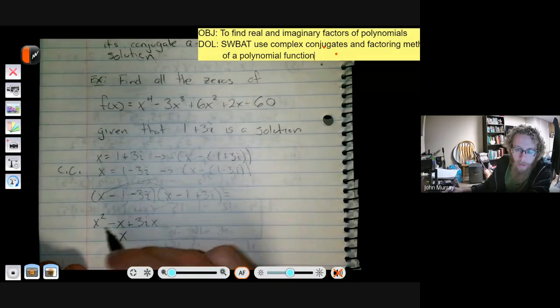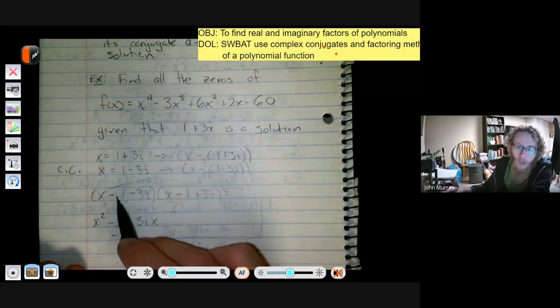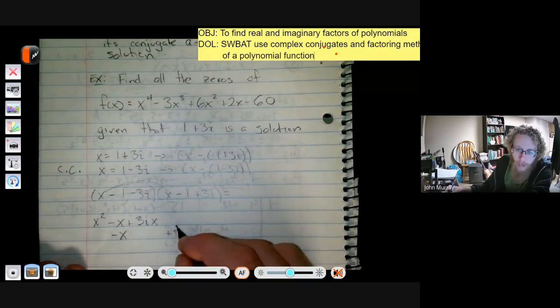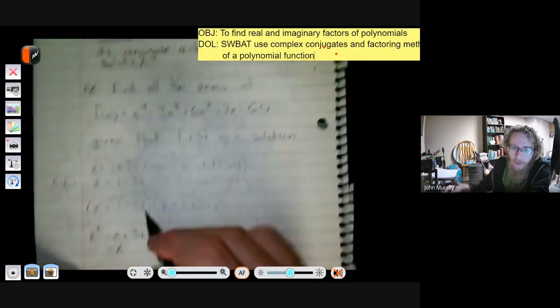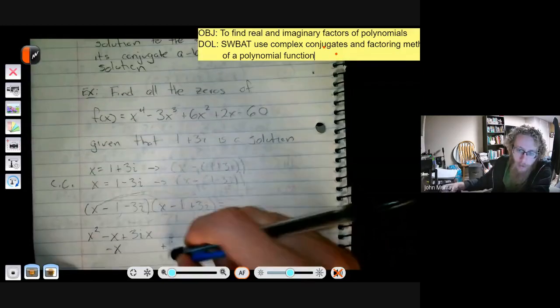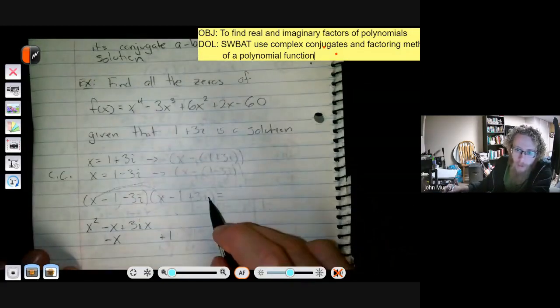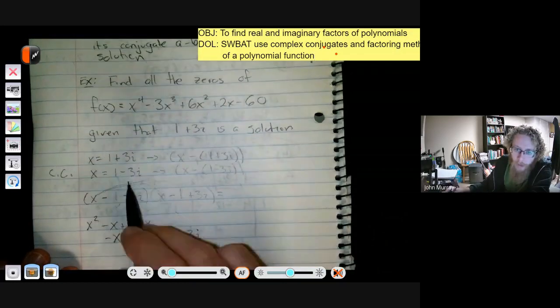Now I'm going to put my new multiplication down here. Negative 1 times negative 1 is positive 1. Negative 1 times 3i is negative 3i.